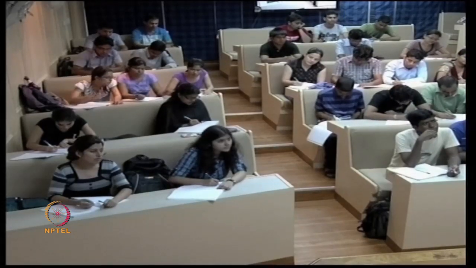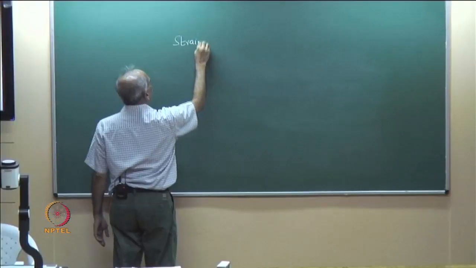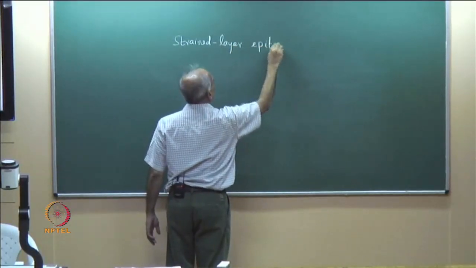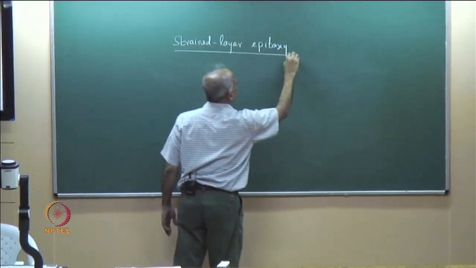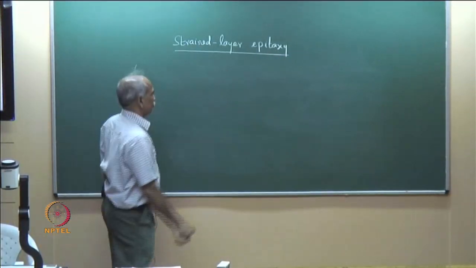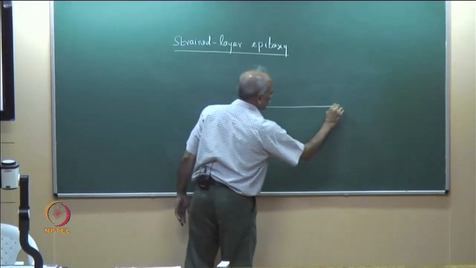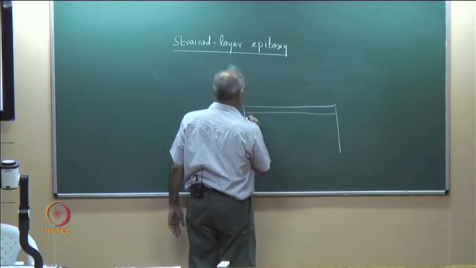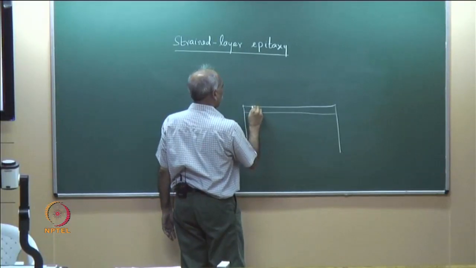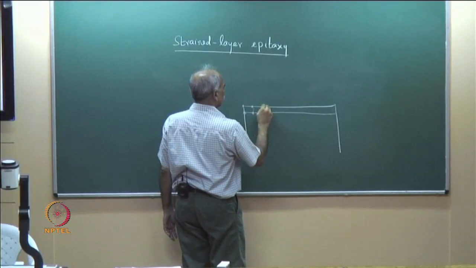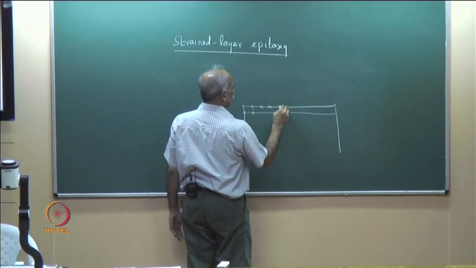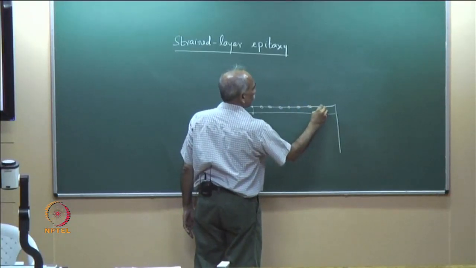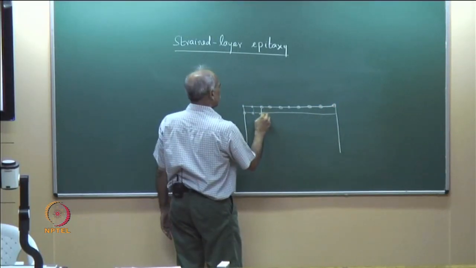So, let me illustrate this strained layer epitaxy. Epitaxy is growing on top. If you start with a substrate, as before, let me show a one-dimensional structure, which means I have atoms sitting in a one-dimensional lattice.